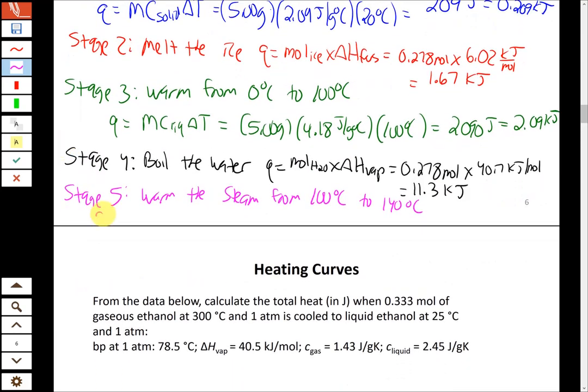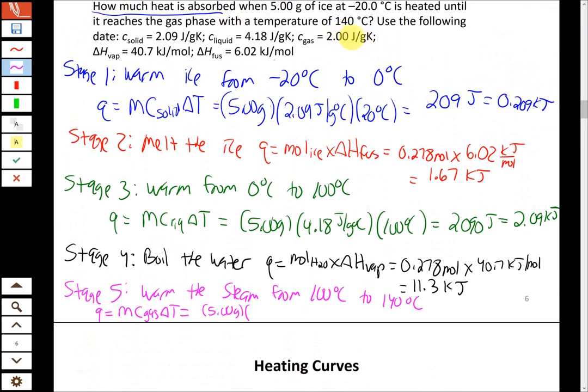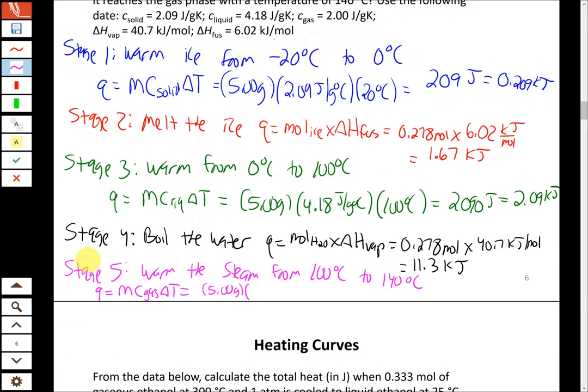So for this stage, it's going to be MC delta T again, but this time, this is still the mass of the gas, but we have to use the heat capacity of the gas phase now times delta T. So same mass, 5.00 grams. And then the heat capacity for gas phase water is 2.00, so we have to make sure we use the correct specific heat capacity for each phase.